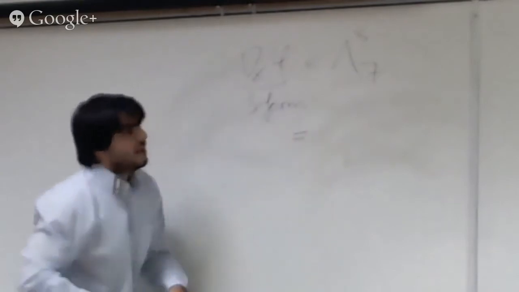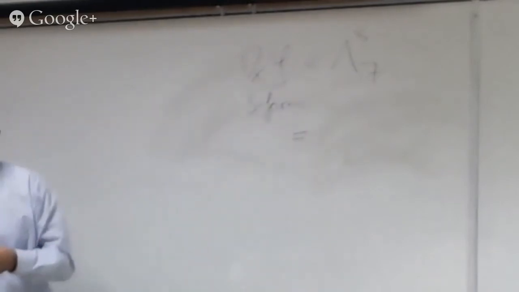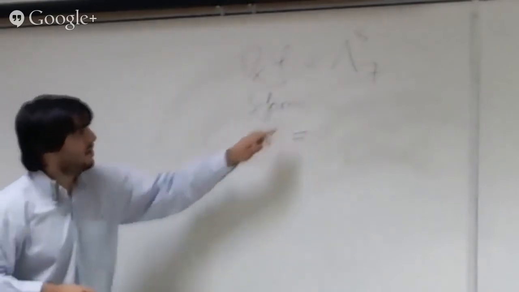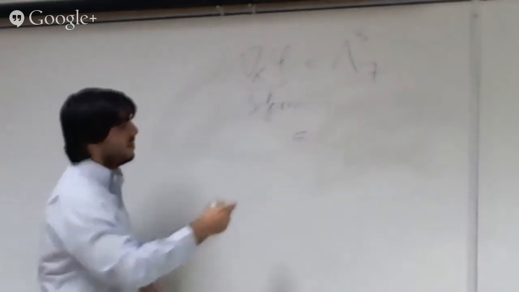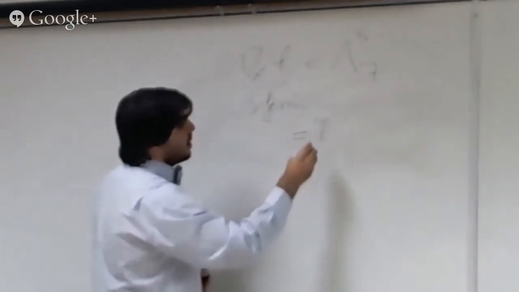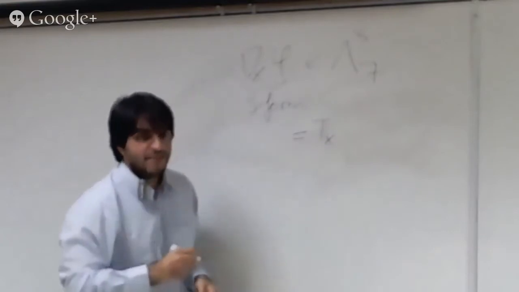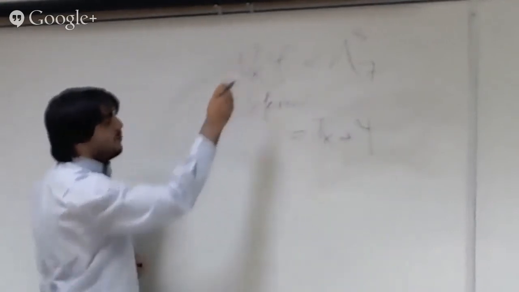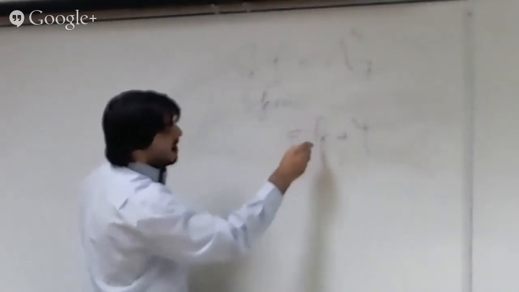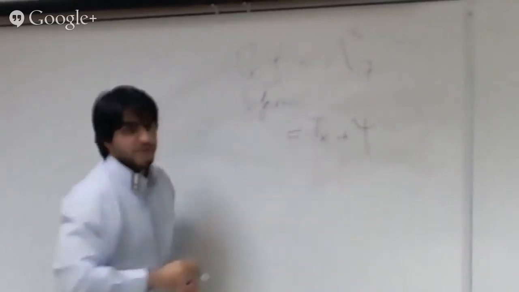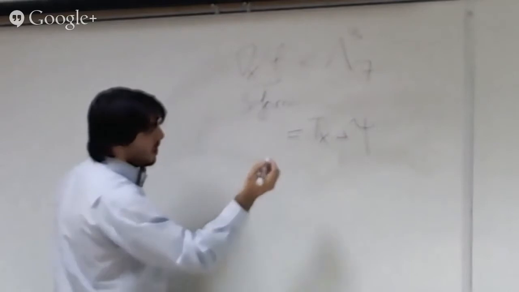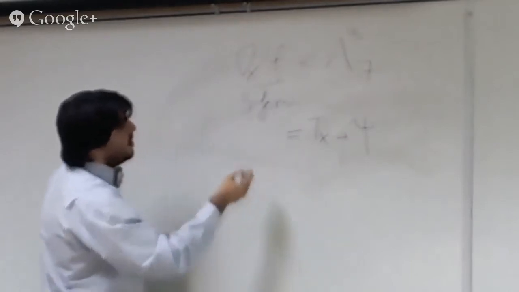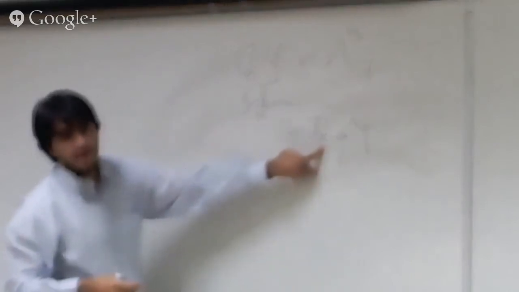So this means, if we go back to the definition of Lambda^3_7, that there is some vector t which depends on x, such that nabla_x of phi is given by t_x contracted with psi. But this is true for any vector x.